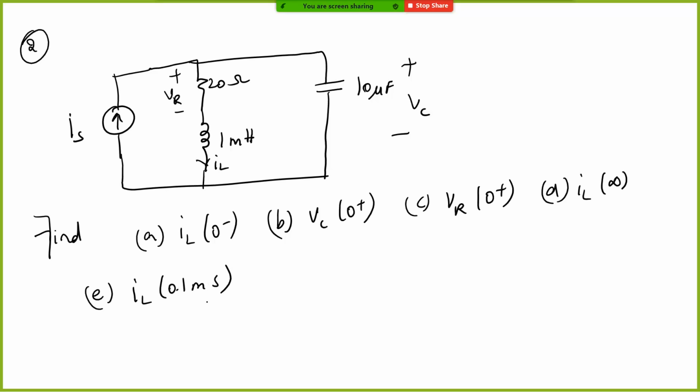And IS is given by 10 U of minus t minus 20 U of t ampere. So basically, for t less than 0, it is 10 ampere, and for t greater than 0, the current becomes minus 20 ampere.